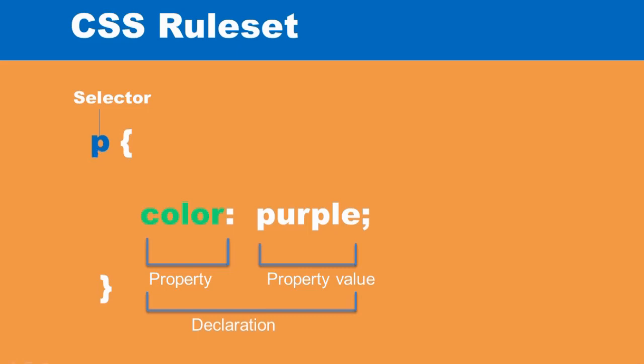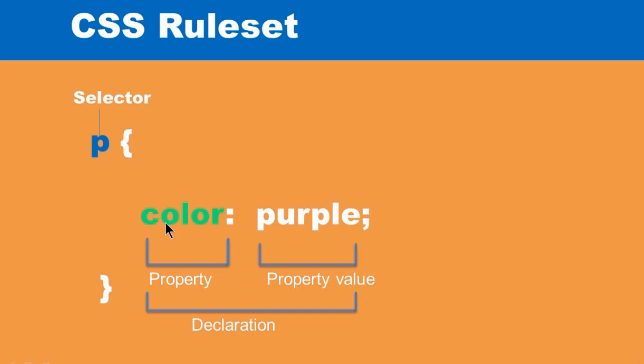So in this case, the P here is the selector, which is the HTML element I want to apply styling to. Next thing you need to do is put in an opening curly brace and a closing curly brace. Very important. You have the curly braces, and inside the curly braces is where you actually write the CSS. So it consists of different parts.